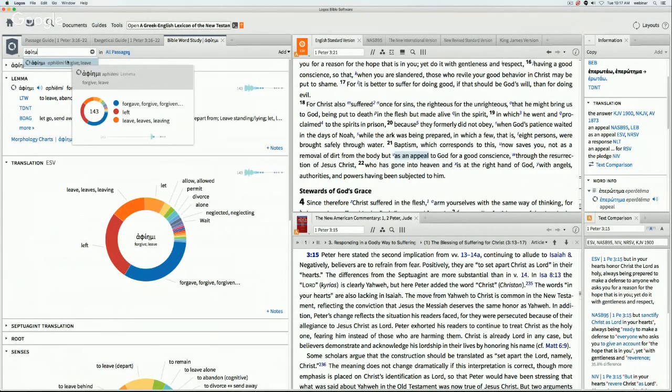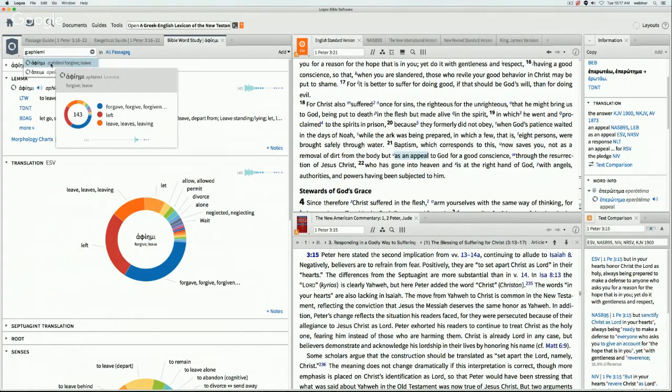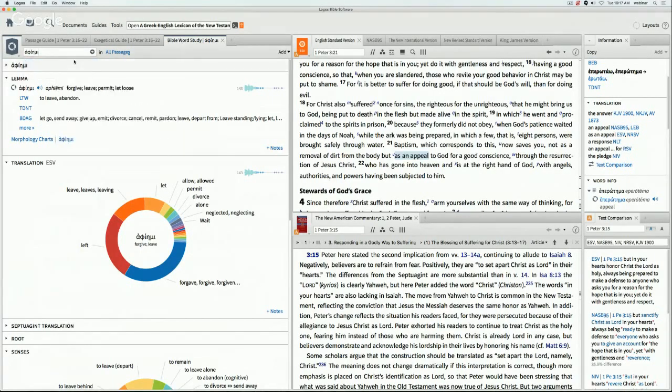To get this word, let me show you how we just type that in. Type the letter G and a colon, and then start typing the English transliteration. Okay, and here we have Logos suggesting several options that match what we've typed in so far. And we want to select this first one, aphiemi, to forgive or leave.